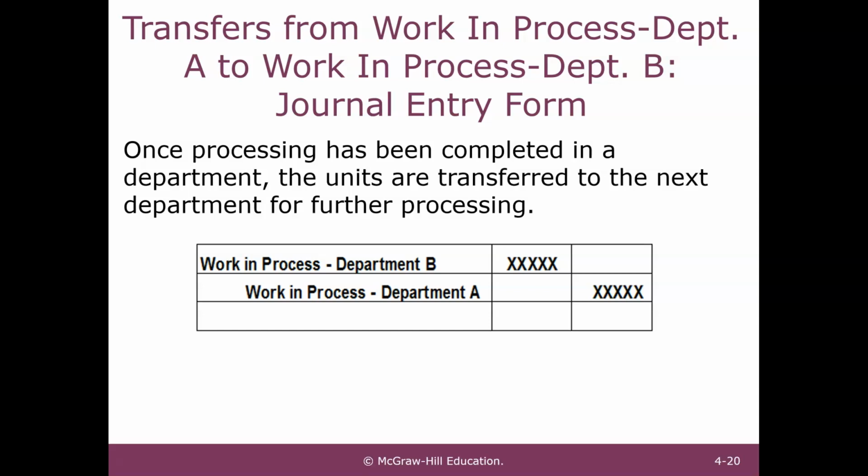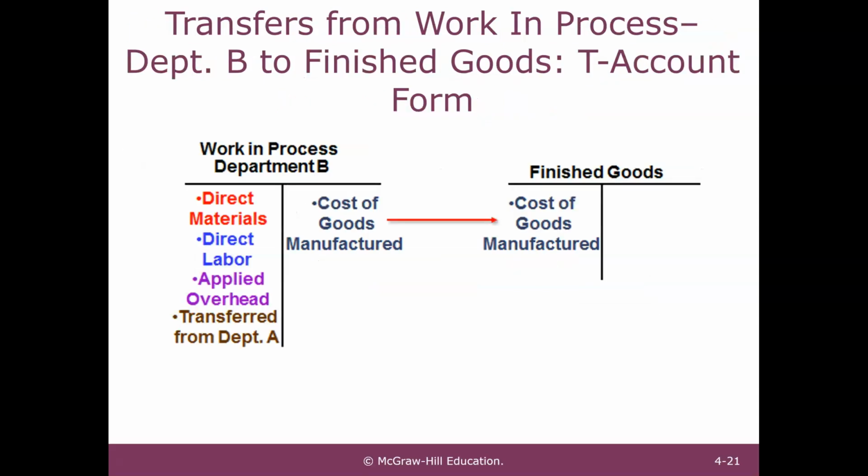Debit Department B work in process to add the items that are being moved into there, and then credit work in process Department A once they're complete to take them out. When the items are finished with the last department, they're transferred from that last department into finished goods inventory.